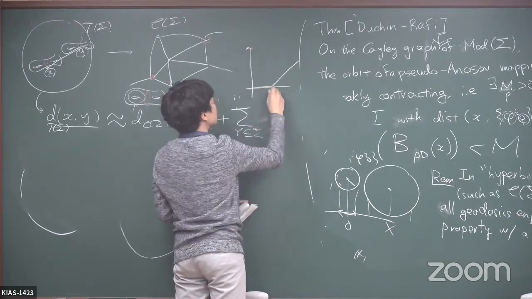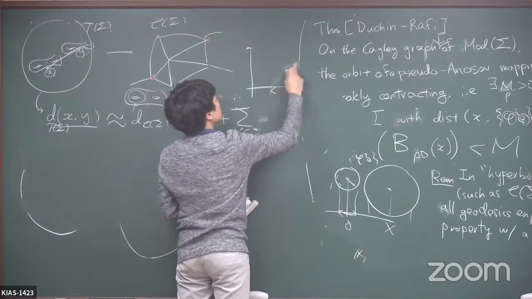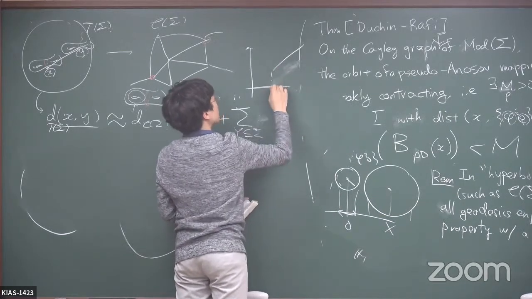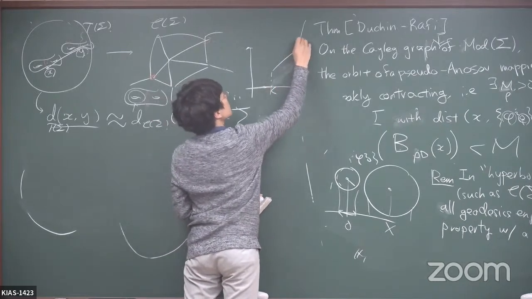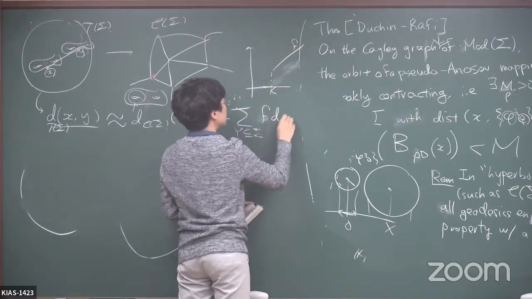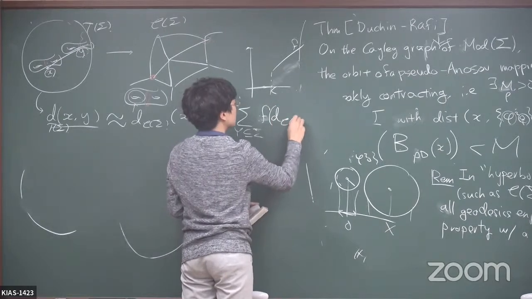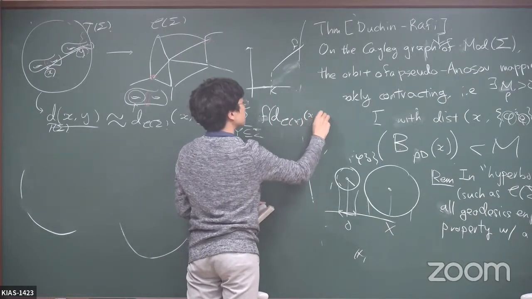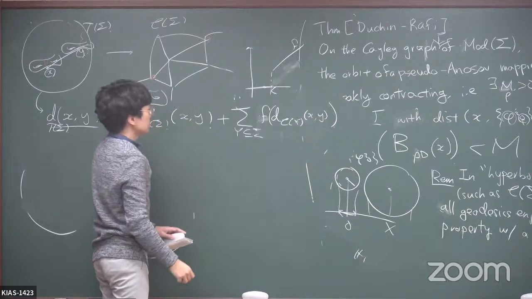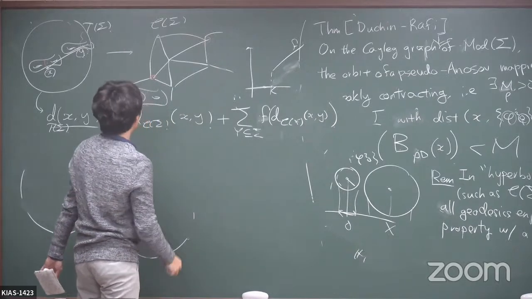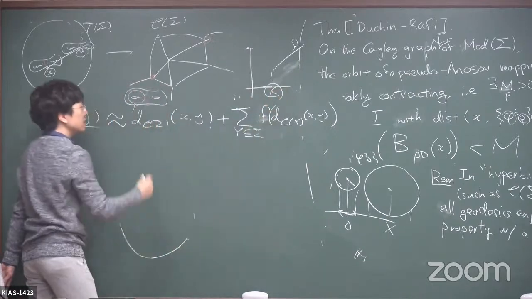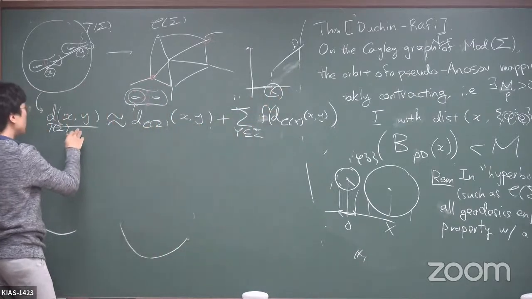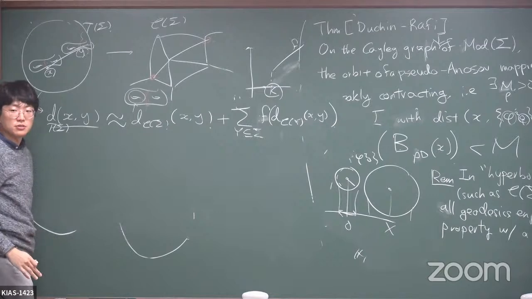Sorry, this is a tiny detail, but if you set a threshold k, and if the value is smaller than k, then you suppress it. This is a function f, and you put x here. So the precise theorem is that there exists a threshold k such that this summation coarsely tells you the distance here.